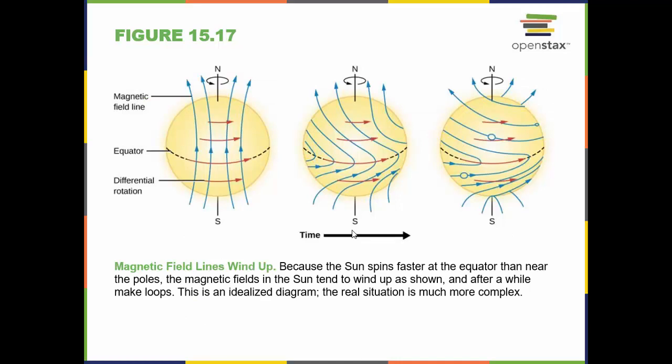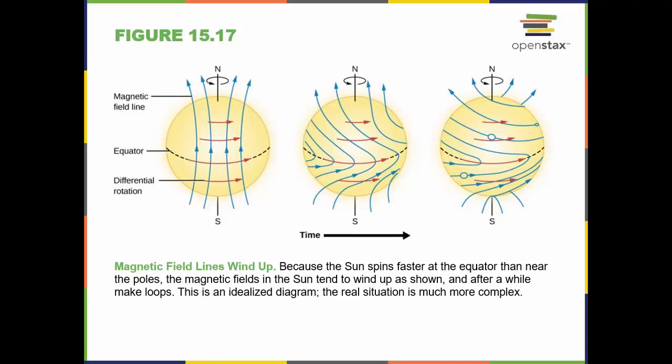So if we think about a magnet that's rotating, here we see magnetic field lines that go through the sun. But because the sun's spinning, these magnetic field lines become disrupted. The equator of the sun is moving faster than the poles of the sun.